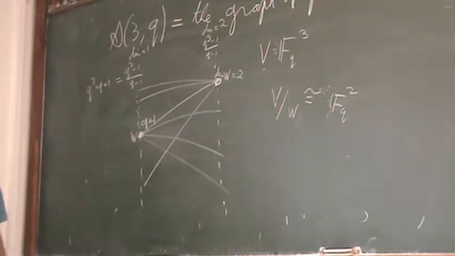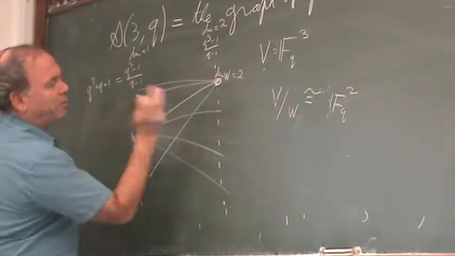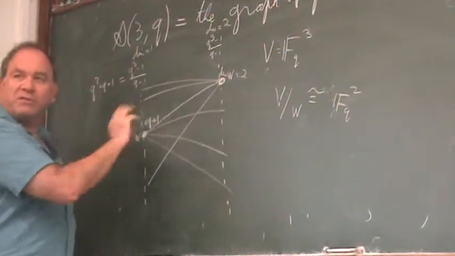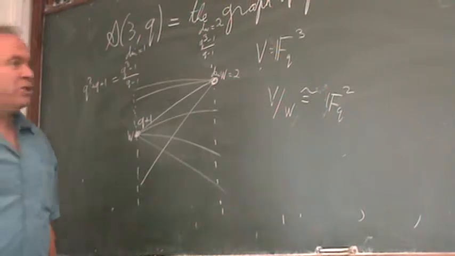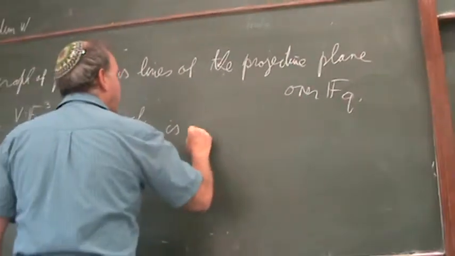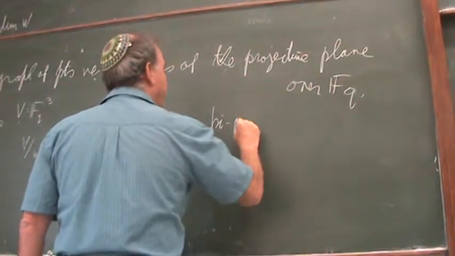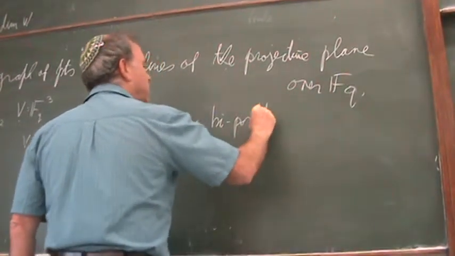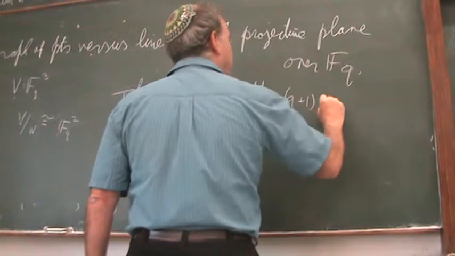And so this is a q + 1 regular graph. We could also reduce it by duality: taking for every space its dual gives an automorphism of this graph from one side to the other. So this is a bipartite (q + 1)-regular graph.